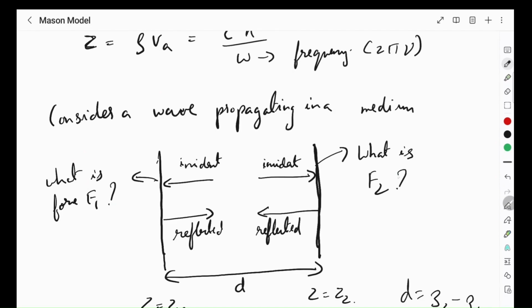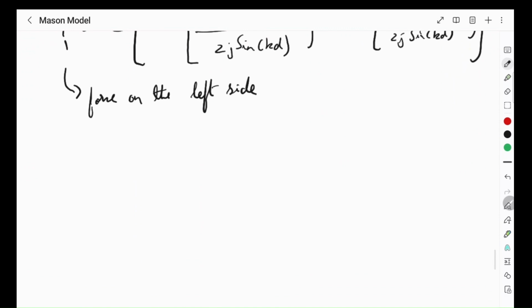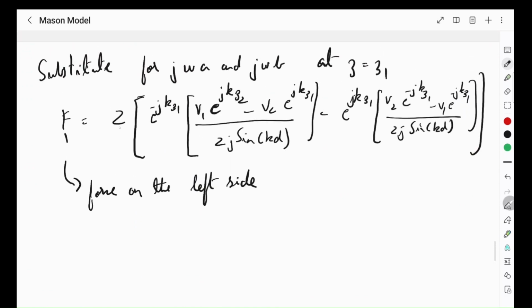Okay, so as we can go back, if this is the force F1 here, we wanted to calculate what is the force here and what is the force F2, right? So here we are able to solve the force in terms of the velocity and the acoustic impedance.